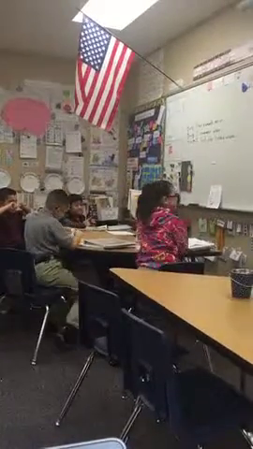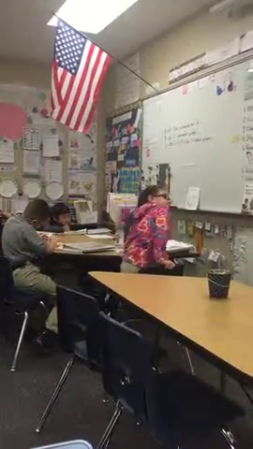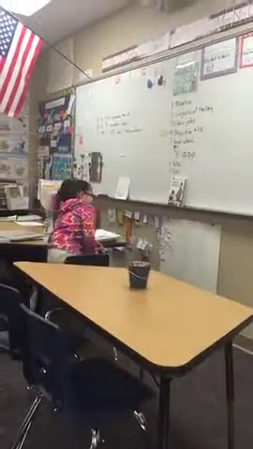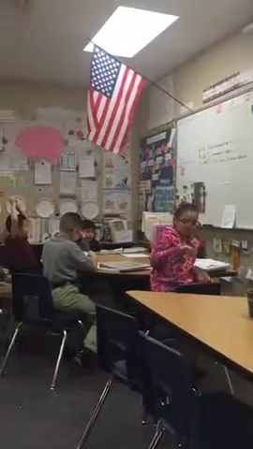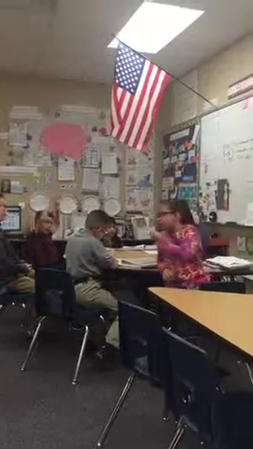Luna, where is this in the room? If we don't remember what making connections means, where can we look in the room? On the board. Okay, Joseph. We can find connections anywhere, but if we need to see our anchor chart, we're not sure what making connections means.